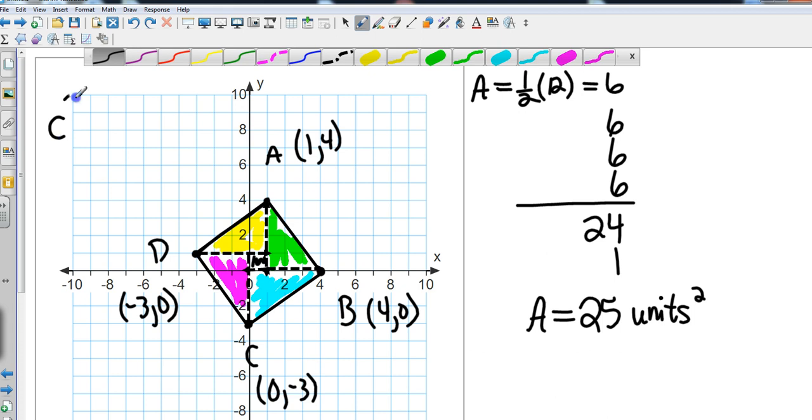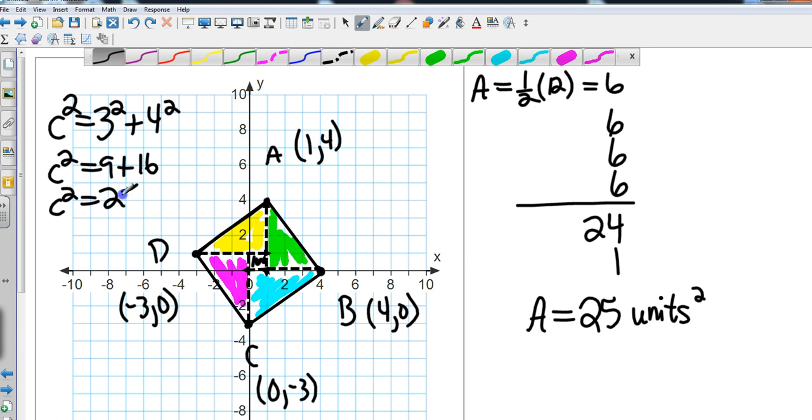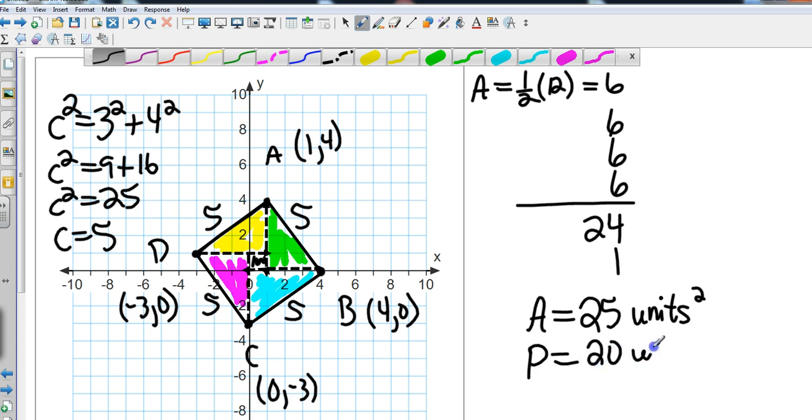So we have c squared equals 3 squared plus 4 squared. That's c squared equals 9 plus 16. C squared equals 25, which means our outside distances are all 5. And I could use that to find my perimeter, which is now 5 times 4, which is 20 units.